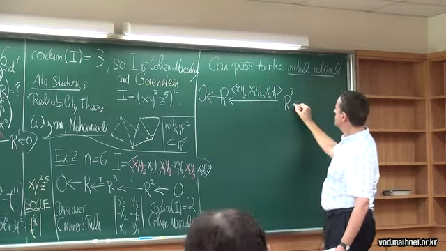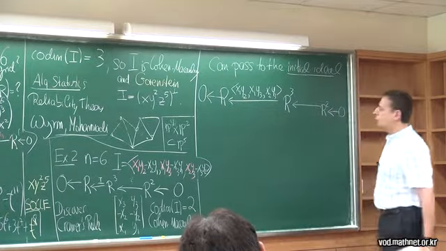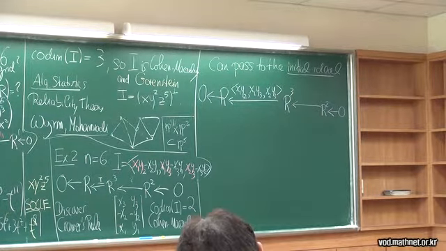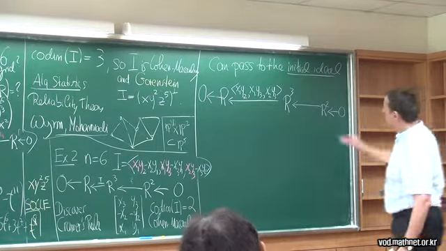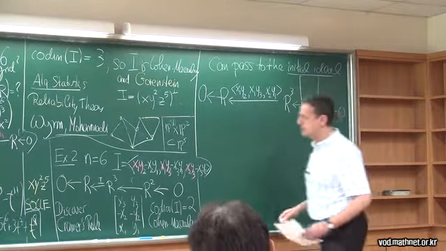Now what happens? In this example, it also happens that the kernel is given by a 3 by 2 matrix, but you get that matrix by zeroing out some of the entries here, right?